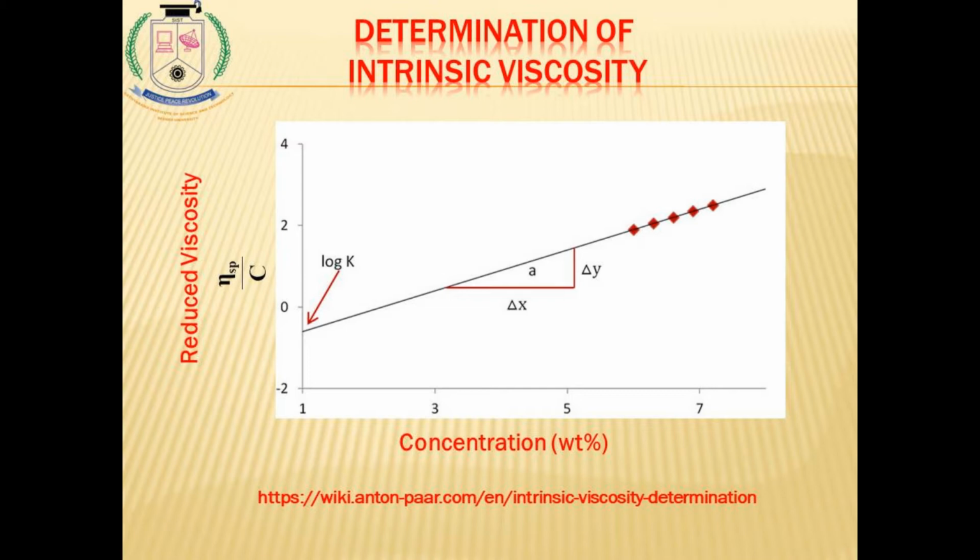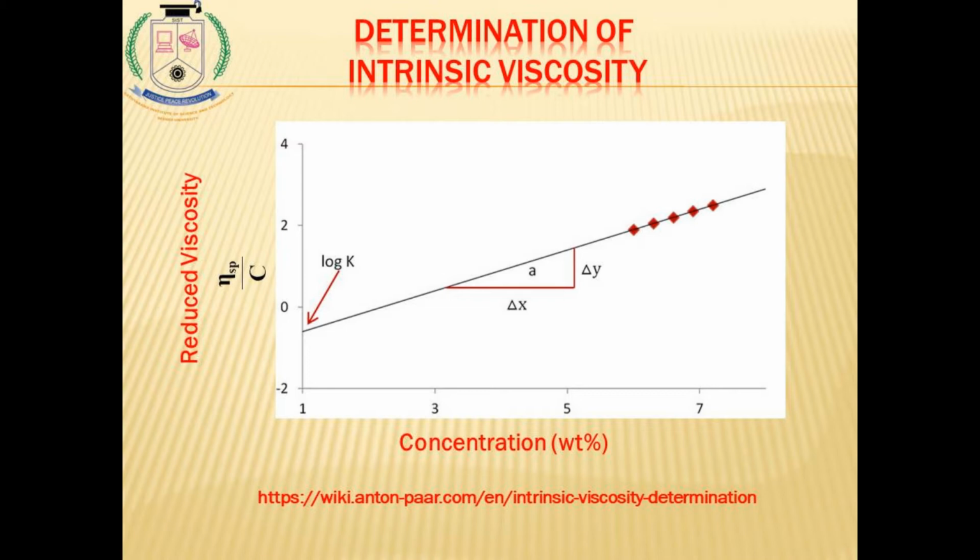We are taking 5 concentrations of polyvinyl alcohol, that is 0.25%, 0.5%, 0.75%, 1% and 1.25%. Okay, 5 concentrations we are taking.